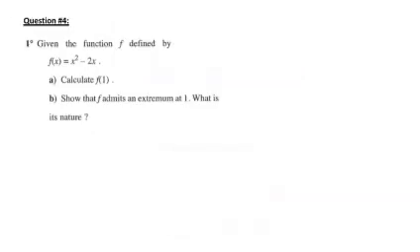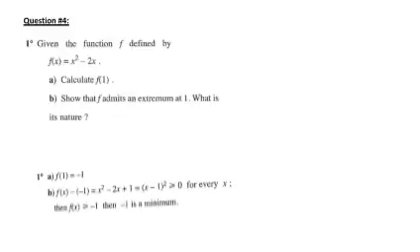In question number 4, we are given a function x² minus 2x, and we need to calculate f of 1. Then to show that f admits an extremum at 1, and we need to know what's the nature of this extremum. First of all, what's f of 1? We just replace x by 1, so we get -1. And now to show that f admits an extremum, we do f of x minus f of 1 and we check if it's positive or negative.